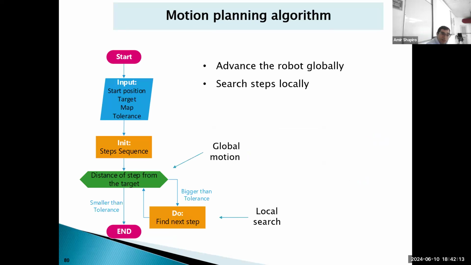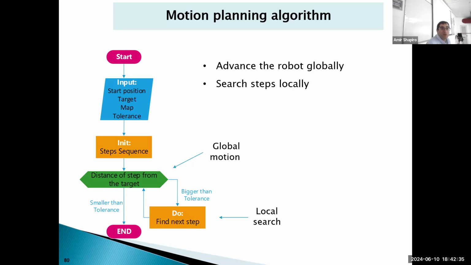So the idea of the algorithm is we start with the start position. We have the start position, the target, the map, and some tolerance to get near the target.